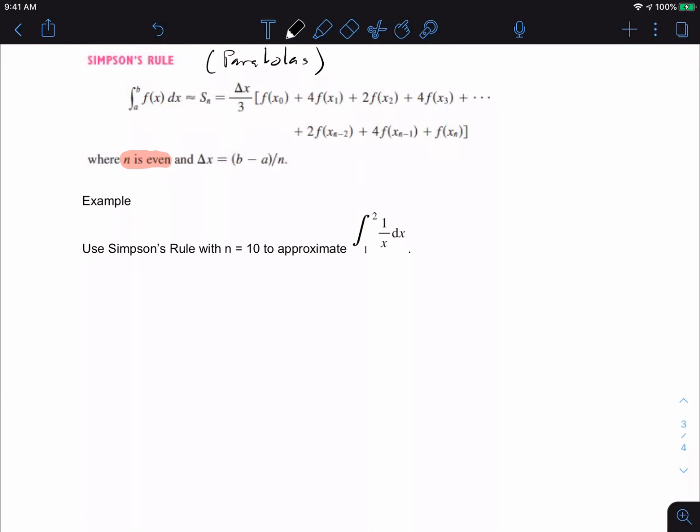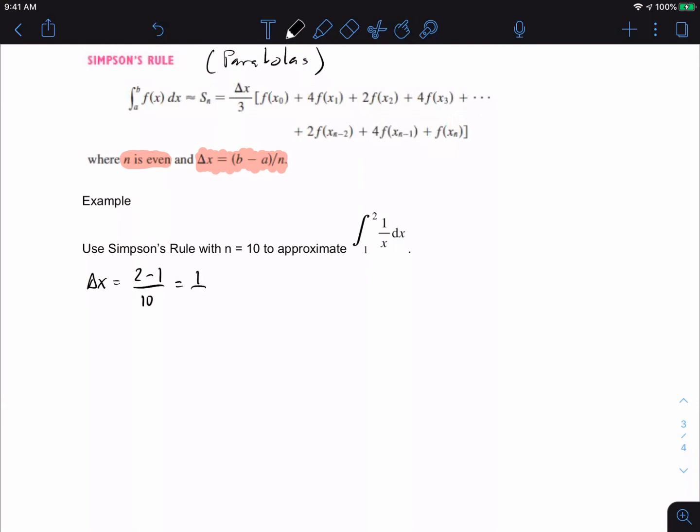So let's find the delta x in this problem. The delta x is going to be 2 minus 1, right? And that comes from this formula right here. You should remember that from Calc 1, but if not, no big deal. So 2 minus 1, and my n in this case is 10.